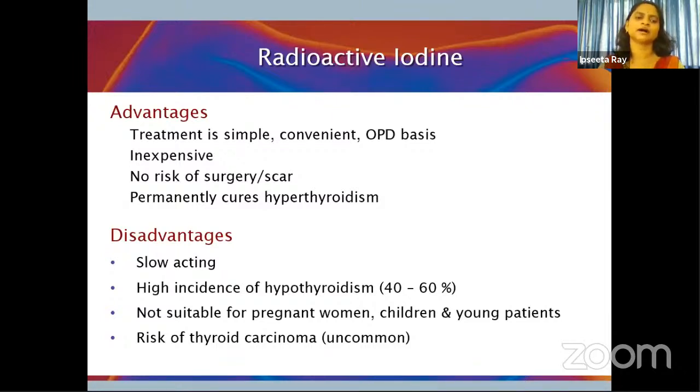High incidence of hypothyroidism is also seen. Although you are giving these drugs, sometimes it can also cause hyperthyroidism. Not suitable in special subgroups like pregnancy, children, young patients. And although rare, there is a risk of thyroid carcinoma with the use of radioactive iodine.